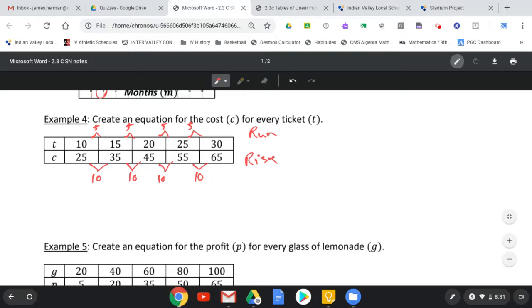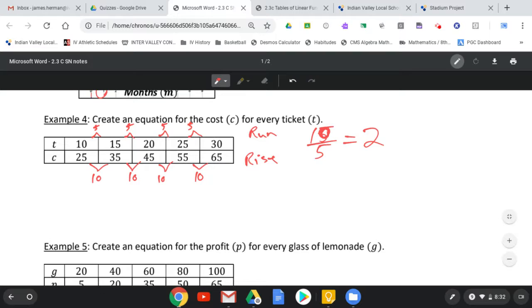What is slope? Oops. Rise over run. 10 over 5 is 2. Well, that was easy. How do I find my initial value? Backtrack. Let's backtrack.